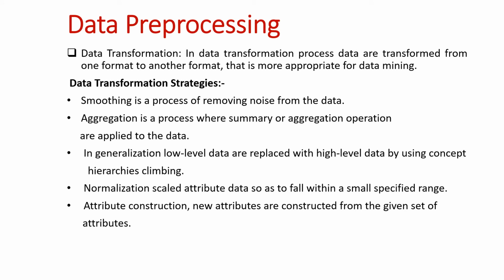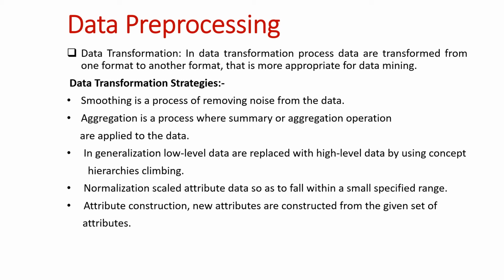Next is data transformation. In the data transformation process, data are transformed from one format to another format that is more appropriate for data mining. Data transformation strategies are like smoothing. Smoothing is a process of removing noise from the data. Second is aggregation. Aggregation is a process where summary and aggregation operations are applied to the data.